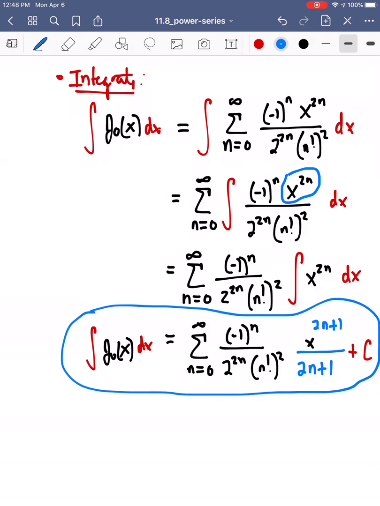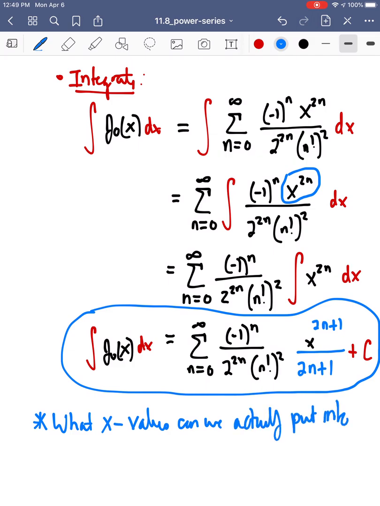At this point, we've done some operations onto these power series, assuming that they're functions. But for functions, we want to know what x values can we actually put into the power series. Another way of saying this is, what x values give us a convergent series?